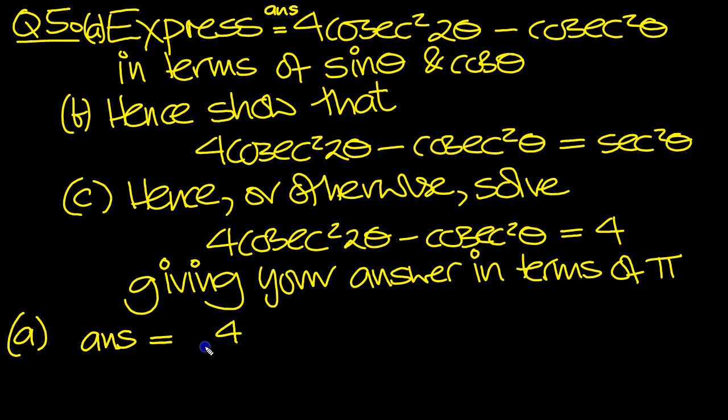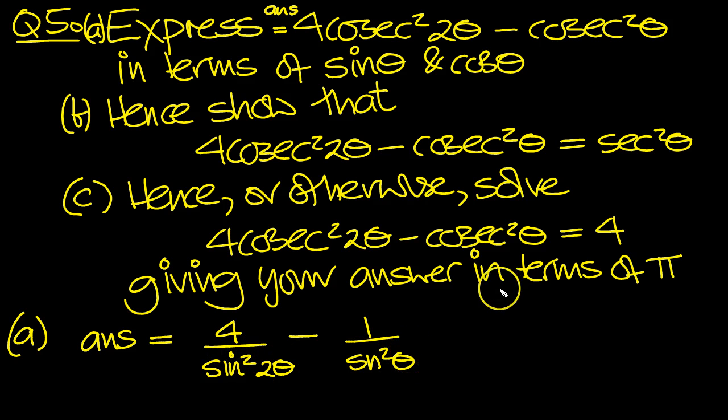So that's 4 over sine squared 2 theta, minus cosec squared theta, which is 1 over sine squared theta. Okay, that's what we've got then.